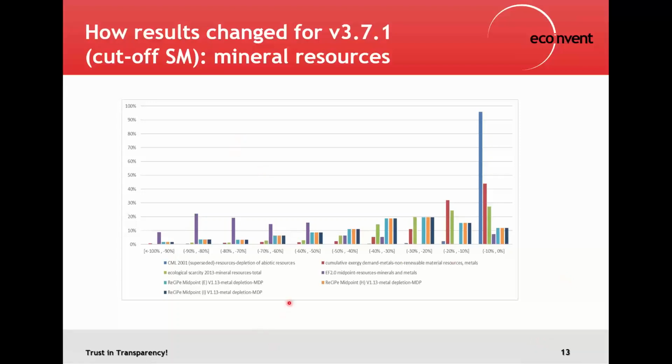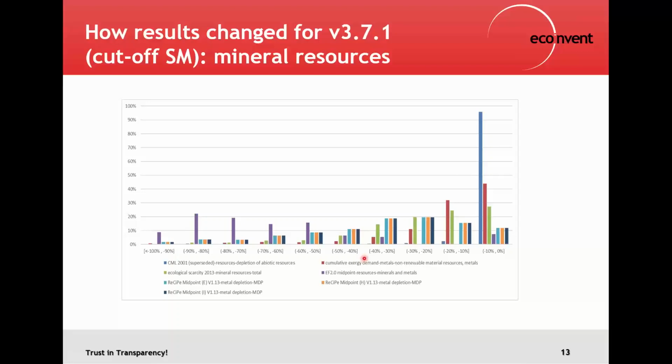Here in this slide, we are looking at the changes in results between 3.7 and 3.7.1 under the mineral resources category. And in this case, the origin of this change is the update on the gold intake of the zinc mine operation dataset. As you can see here, most of the changes are pointing to reductions in scores between 10 and 40%, between 3.7 and 3.7.1.